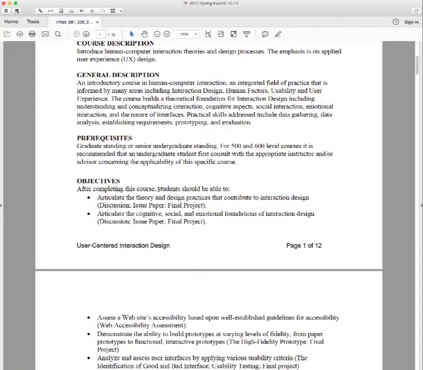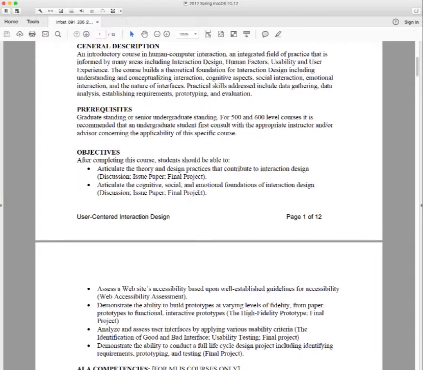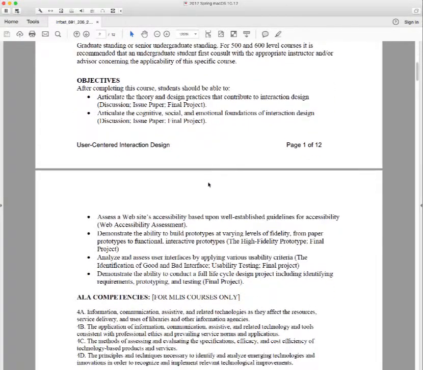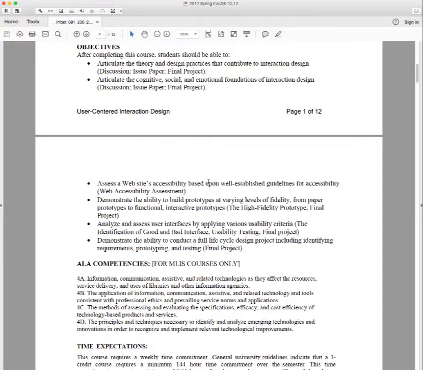Practical skills addressed included data gathering, data analysis, establishing requirements, prototyping, and evaluation. If you're in the course, you've either met the prereq or you've found some way to get us to say you could take the course. So good for you.